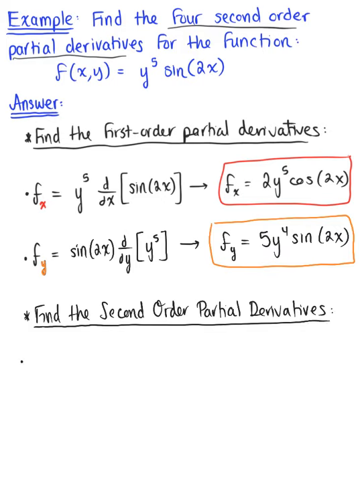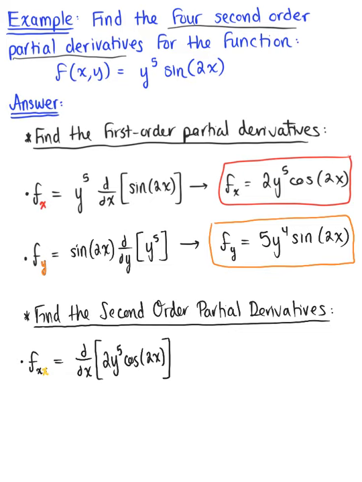So here we go. Let's find the second order partial derivative f sub xx. So just like with first order partial derivatives, it's essential to keep in mind what we are differentiating with respect to. So here we're differentiating with respect to x. So we are treating y like a constant. So here we are differentiating with respect to x our first order partial derivative with respect to x, which was 2y to the 5th cosine of 2x.